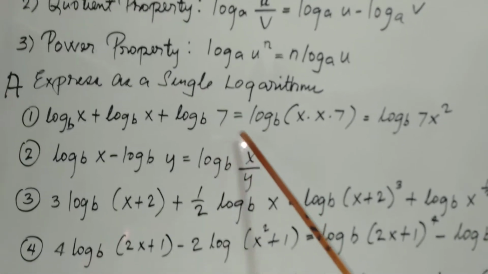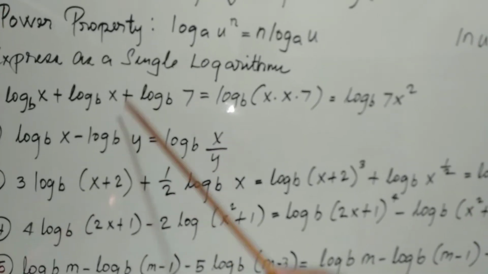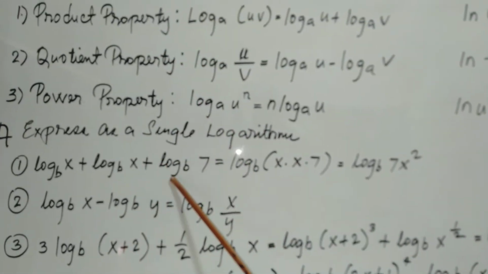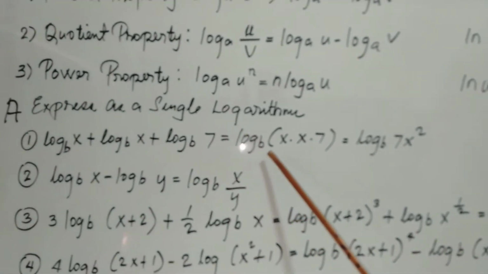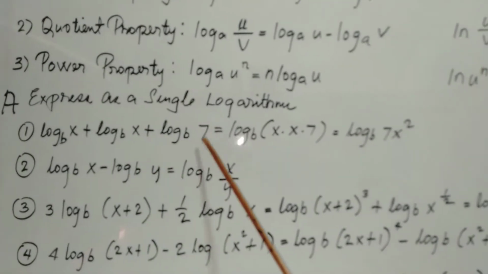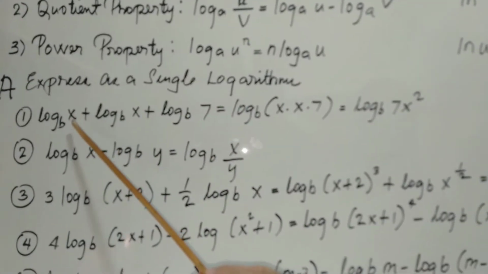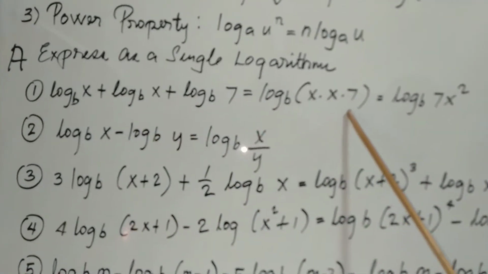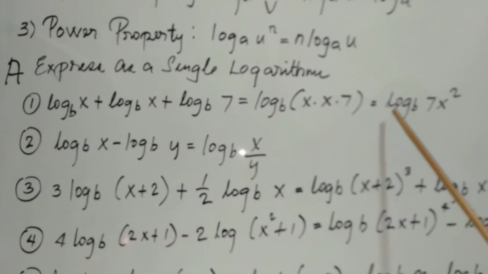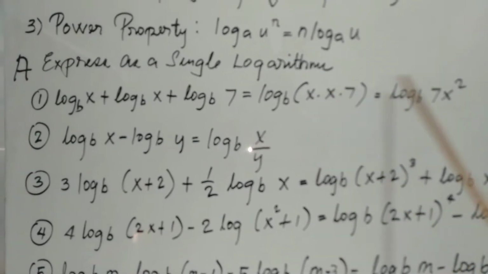Since we're going to apply the product property, we get the product of these three entities, x, x, and 7. So that will be equal to logarithm base b of 7x squared.